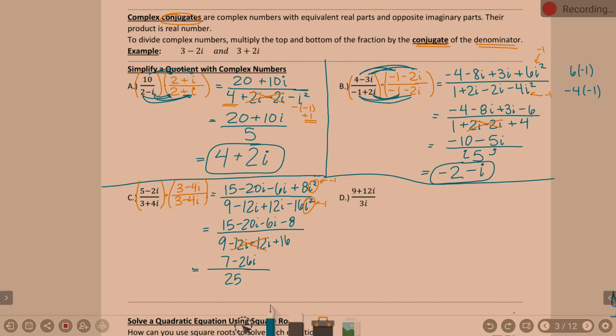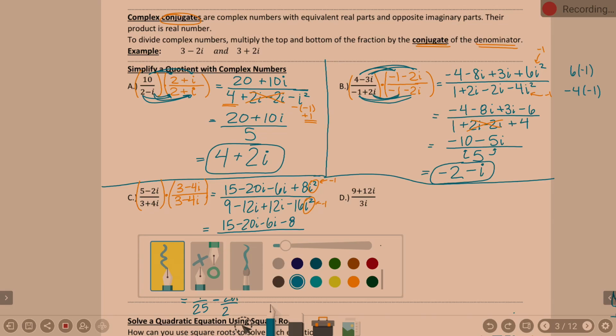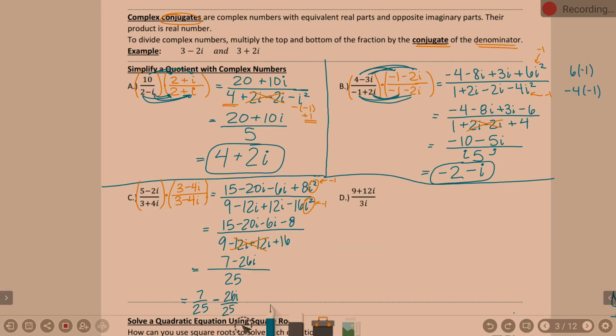Because that denominator of 25 goes with both the numerators. Okay, it splits into both. So this can be rewritten as 7/25 minus 26i over 25. There we go.